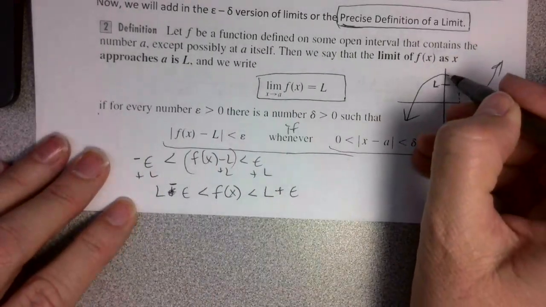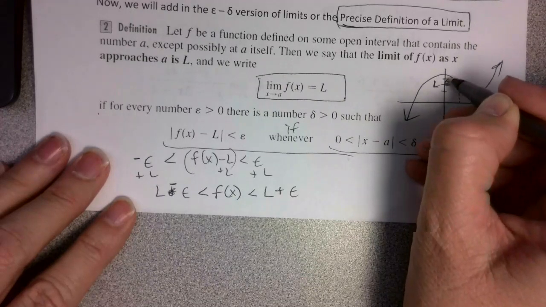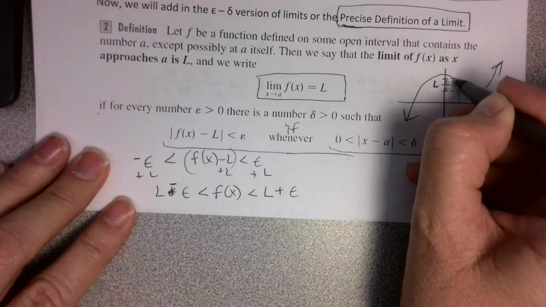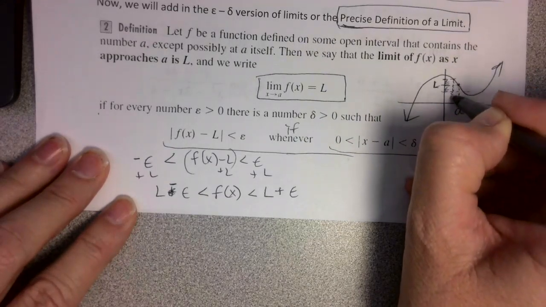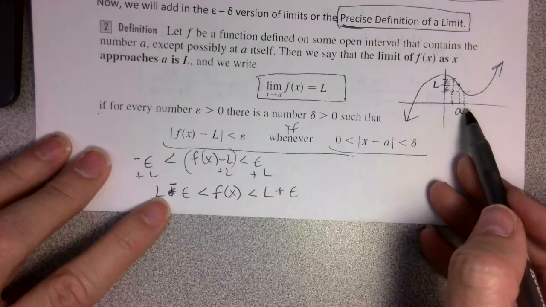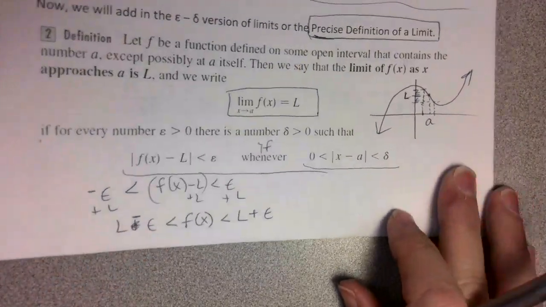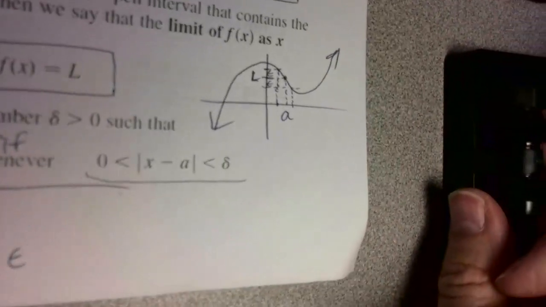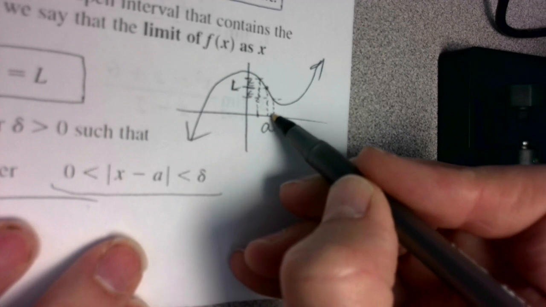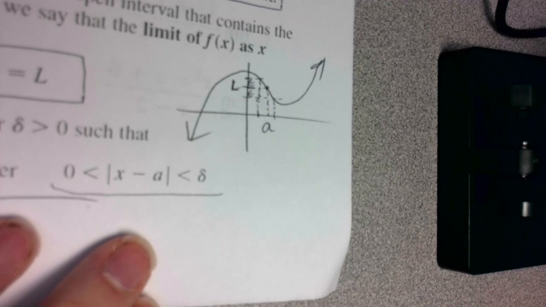So this epsilon is some little area around the limit, right? And what happens graphically is we can run that point down here, run that point down here, and we can find a delta. Now, interestingly enough, on my little graph, it certainly looks to me like the delta on the right side of the a is smaller than the delta on the left side.